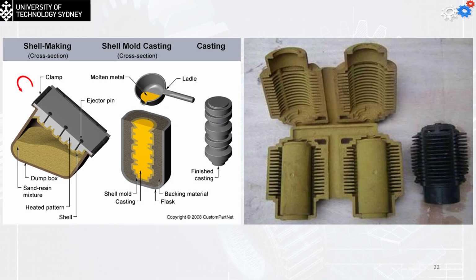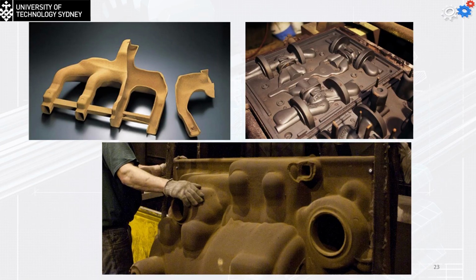Once again, this is an example for the part. So this is how the shell looks like. This is your core inside, and you can use it to make the cylinder head. These are even more examples for the part. This is the pattern.